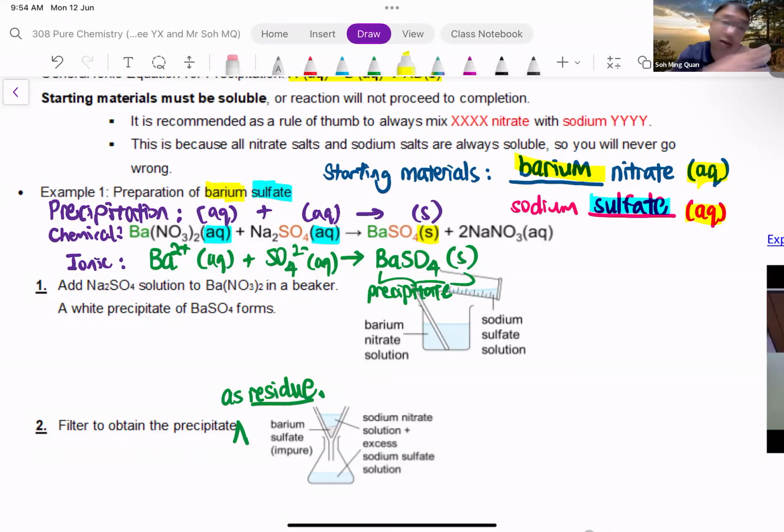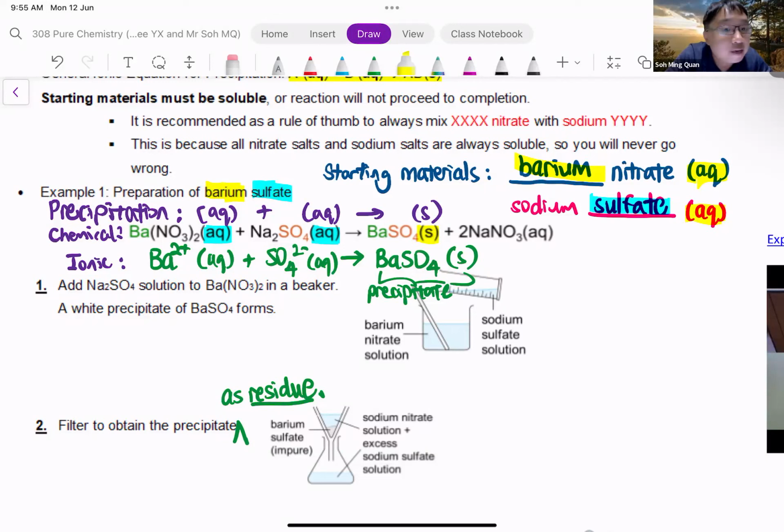Having said that, if you have done all the papers so far, you would have realized that certain papers actually give you sulfuric acid as an option. And that is a valid option because by using sulfuric acid, you still have sulfate ions, you will still make barium sulfate. Just that if you were to suggest the starting materials, please try not to suggest sulfuric acid, because that will cause traces of acid to be found on the salt precipitate formed.